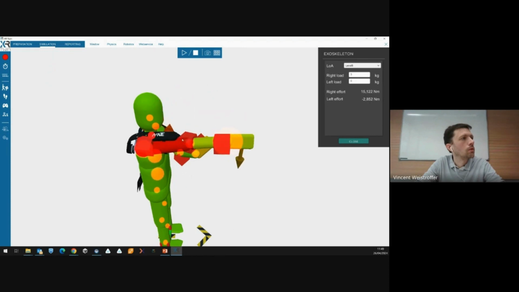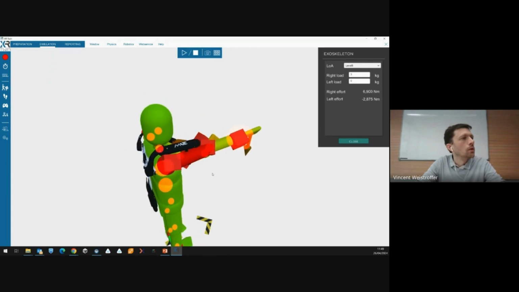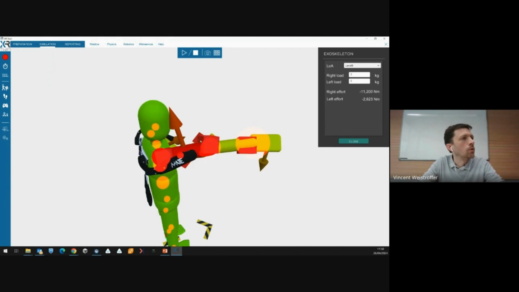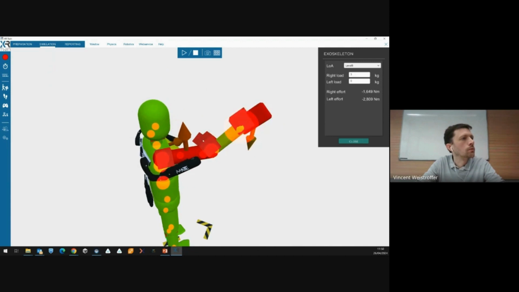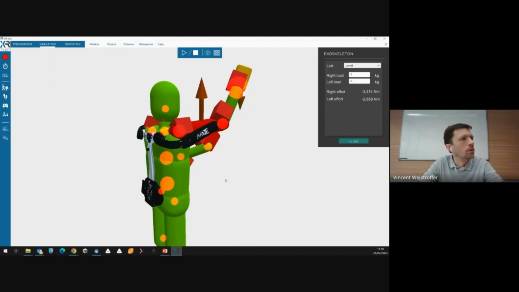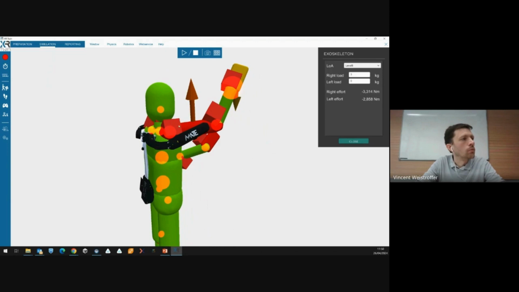Here I see the effort that has to be applied on my virtual mannequin in real time, depending on the posture I'm getting, okay? That's an example of what we can simulate in real time by computing the joint torques.